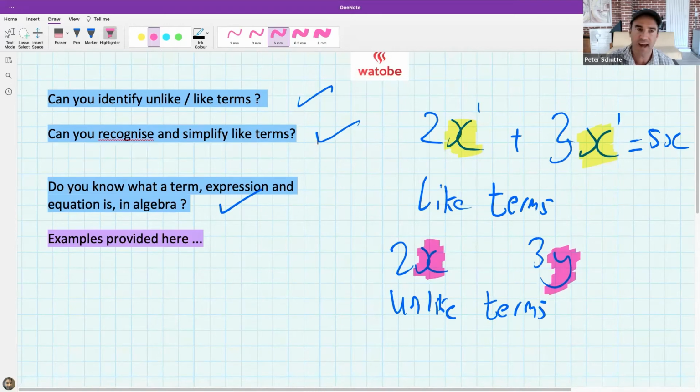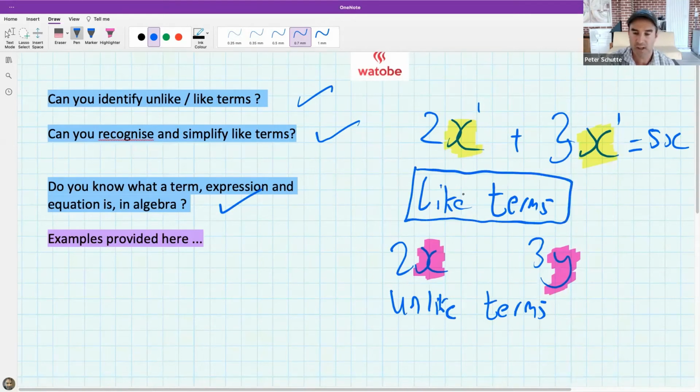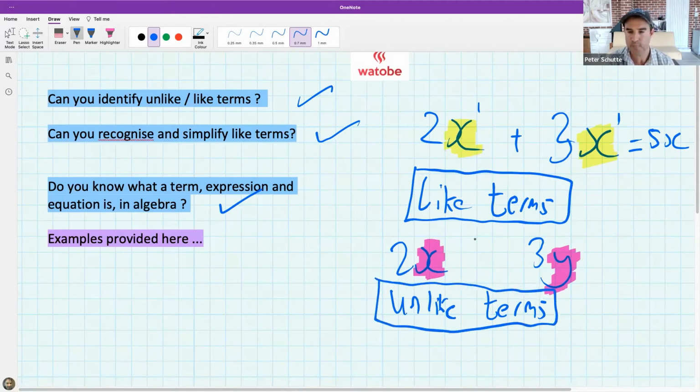So we can't actually add 2x and 3y. This is going to be an important idea today. As we practice throughout the lesson, can you see when there are like terms? If there are like terms, you can add and subtract. If they're unlike terms, you can't add and subtract them. That's the one thing we need to bear in mind.